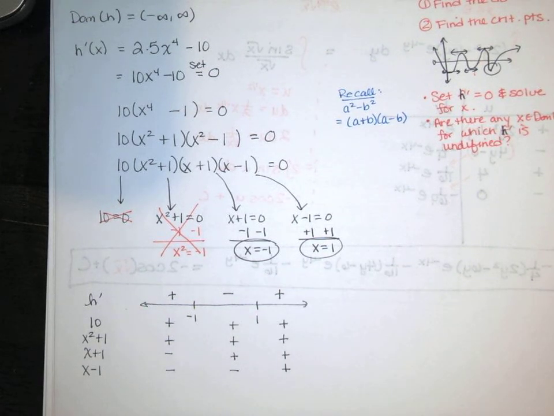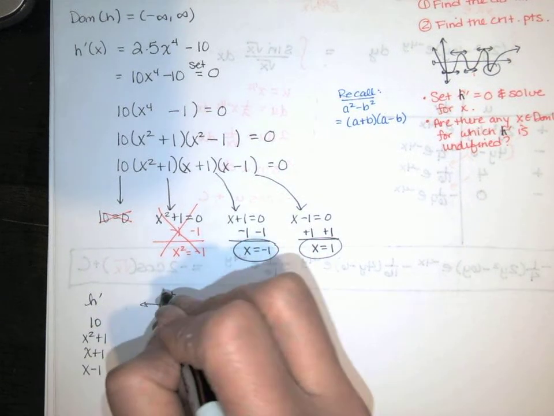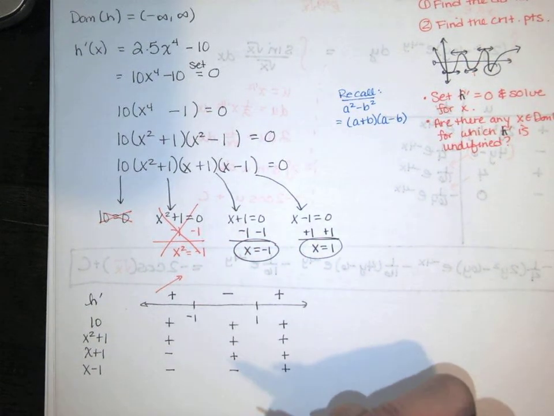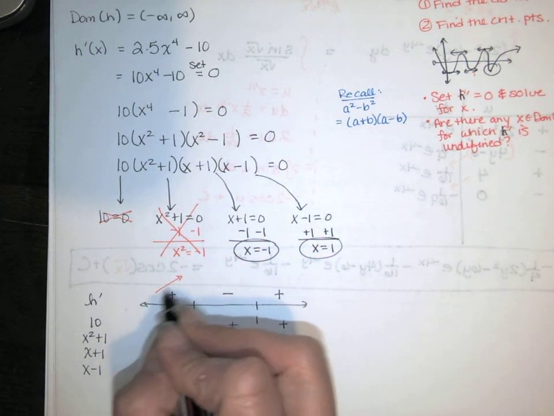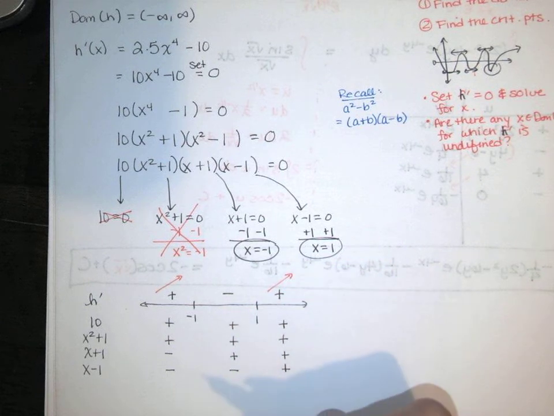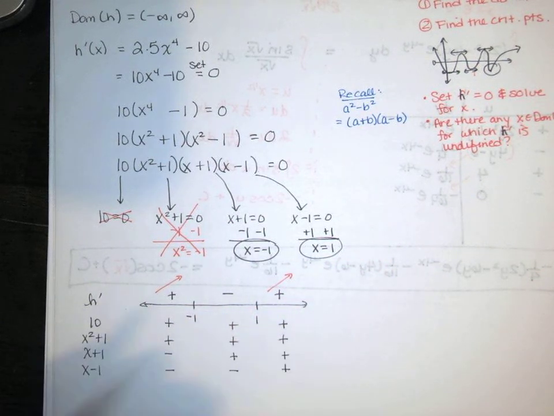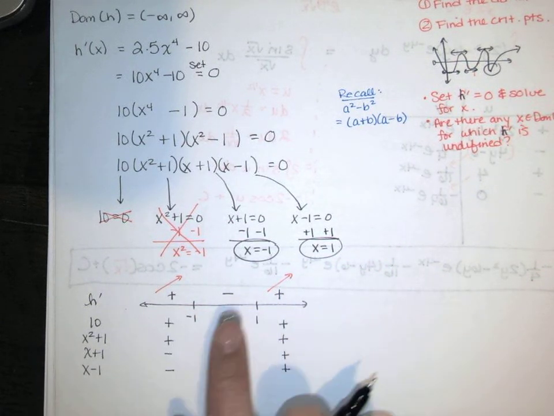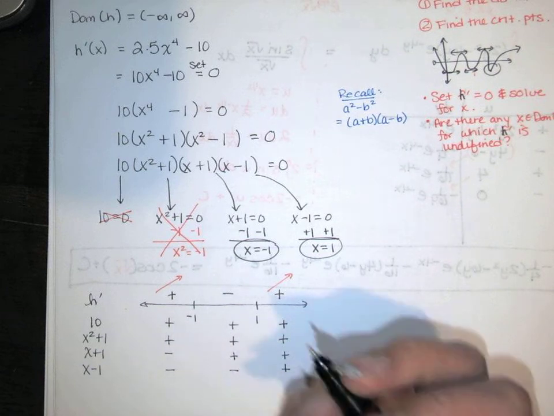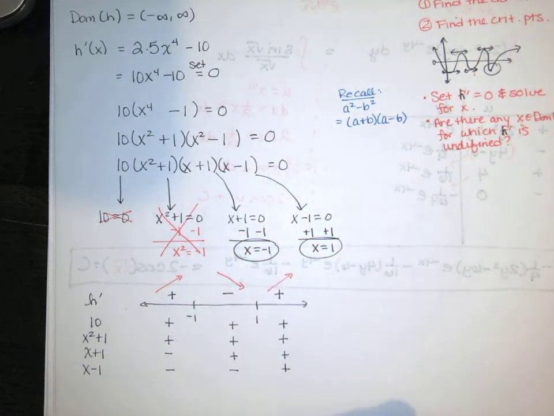Now remember what this means. If h prime is positive, that means h is increasing. So h is increasing on this interval, and it's increasing on that interval. And I made it look straight, but it's not straight. It's probably curving, but it's increasing. And then on the interval from negative 1 to 1, h is decreasing.